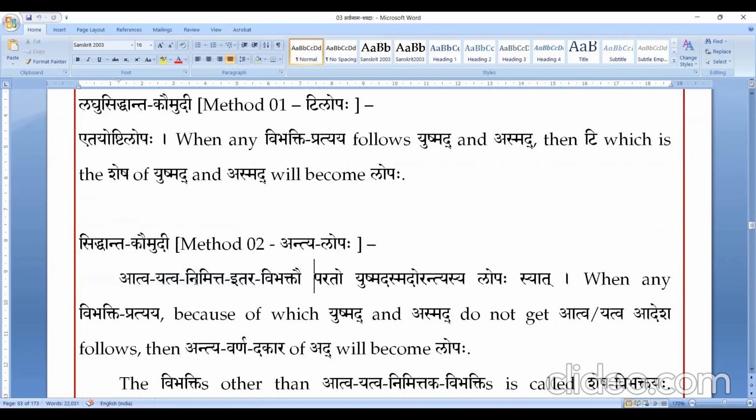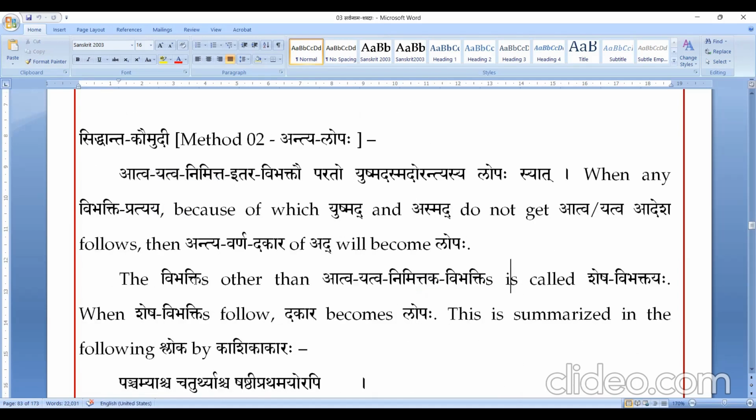When a Vibhakti other than the Vibhakti Pratyaya which causes Atvam and Yatvam follows, then Alantyasya, the Antyasya of that Shesha, that Ad, becomes Lopaha. So the Dakara of Ad becomes Lopaha.